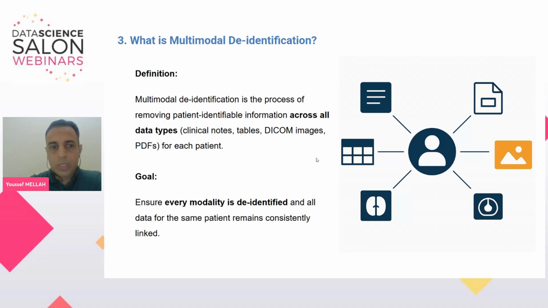So the goal here is to ensure every modality is de-identified and all data for the same patient remains consistently linked. So the goal is to identify, and if we want to obfuscate, we need to keep the consistency after the identification.